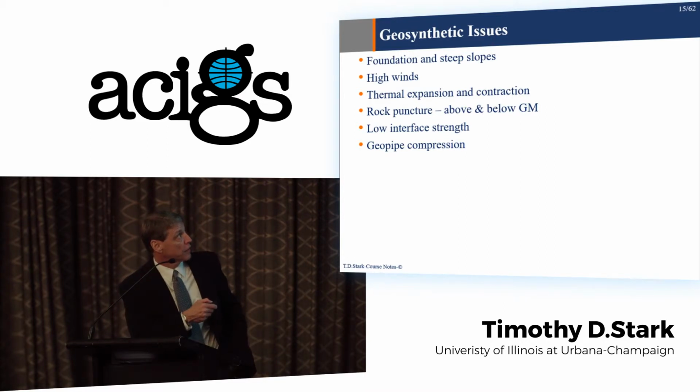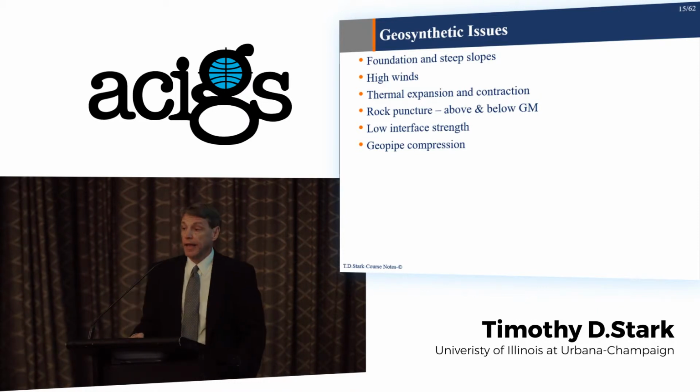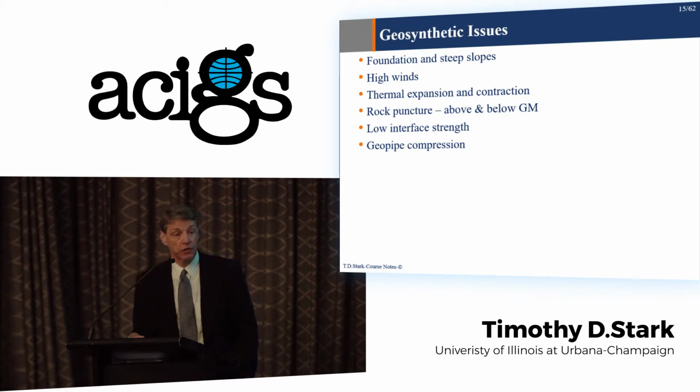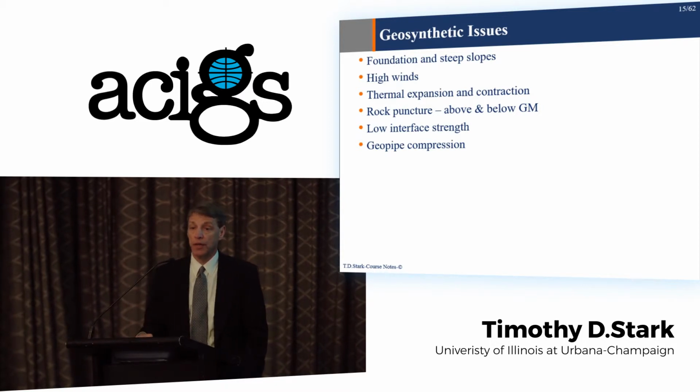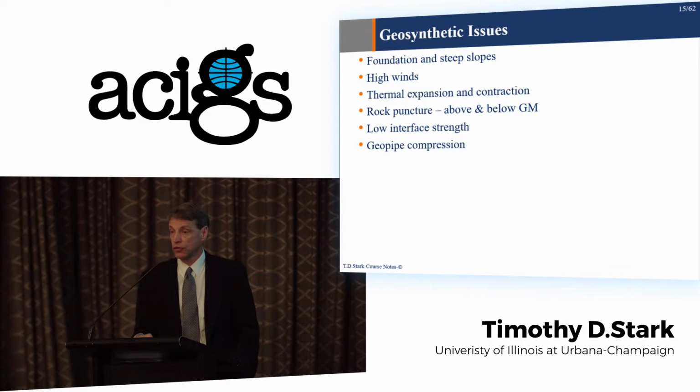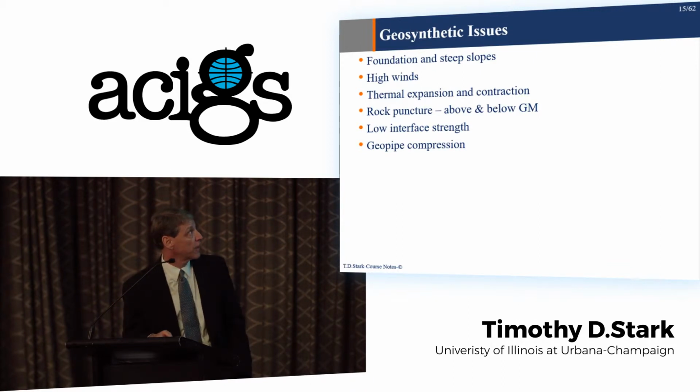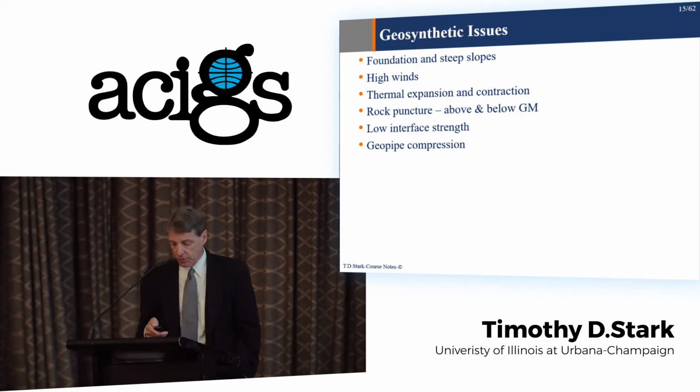Rock puncture I talked about earlier. Low geosynthetic interface strength. And there's a quite active area of geosynthetics involved with direct shear testing or ring shear testing of geosynthetic interfaces to develop a strength envelope for your slope stability calculations, and geopipe compression.